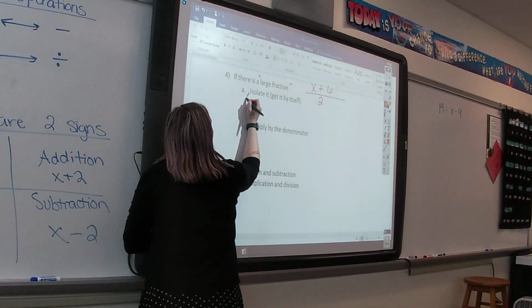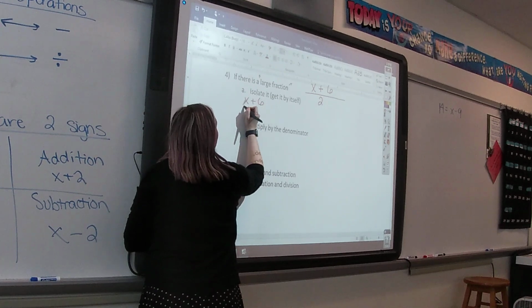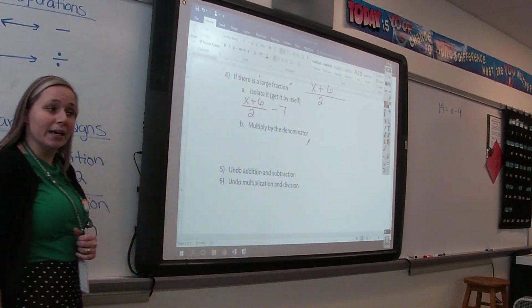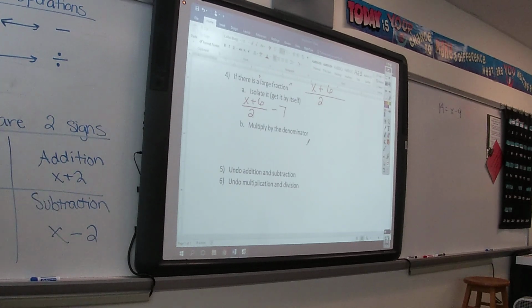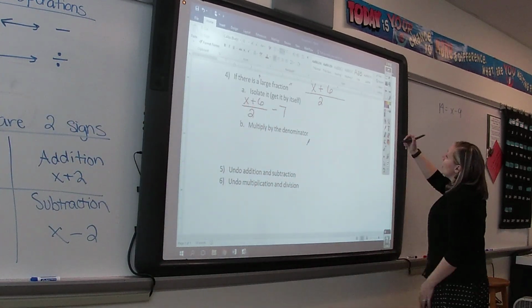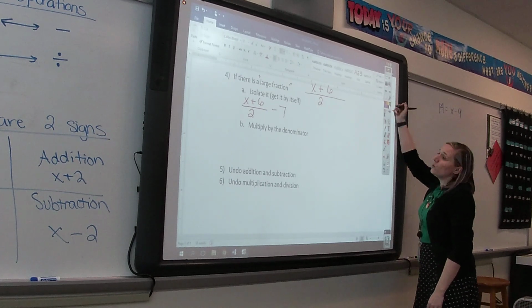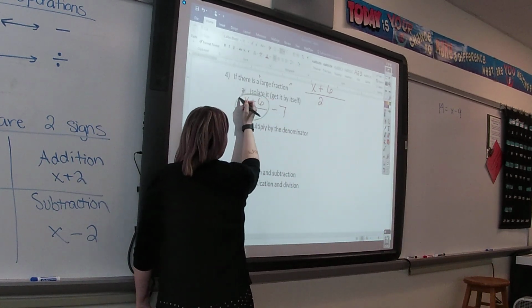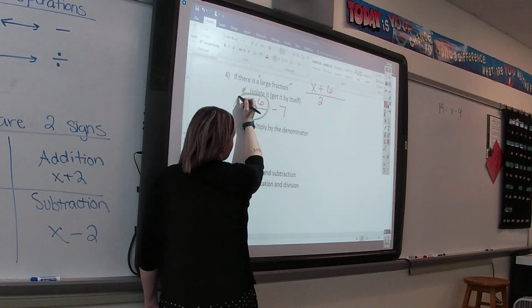So if we have something like x plus 6 over 2 minus 7, what are we getting on the 6 and 7? If we want to do that first step and isolate it, this is the large fraction.